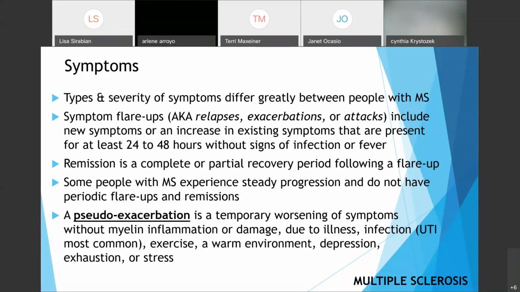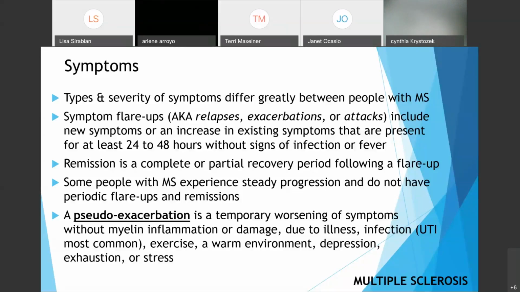Okay, let's look at that last definition there. So this pseudo-exacerbation, it's a temporary worsening of symptoms without myelin inflammation or damage. And it's due to a variety of things. Illness, infection, UTI being the most common, exercise, a warm environment, depression, exhaustion, or stress.